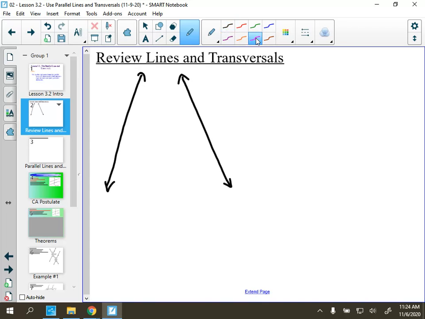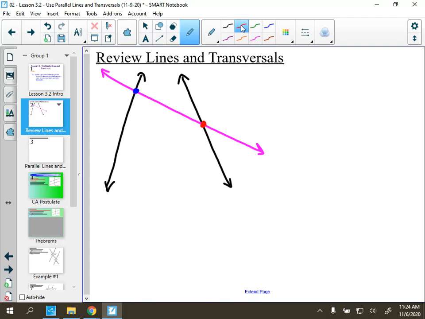This pink line, and that's all we need to call it for right now, is what we would call a transversal. It's a line that intersects any two or more other lines in two spots. Clearly we've got an intersection right here, and an intersection right here. So that's what a transversal is.